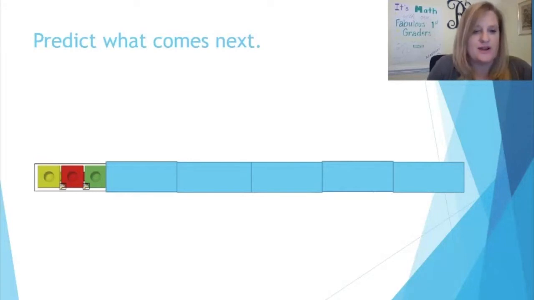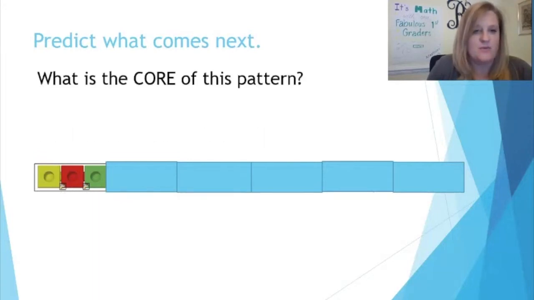Yellow, red, green. What is the core of this pattern? Let's look. Oh, at first I thought it was going to be yellow, red, green, but it's not. This pattern is a little more complicated. I think I need more information before I decide what is the core of this repeating pattern.